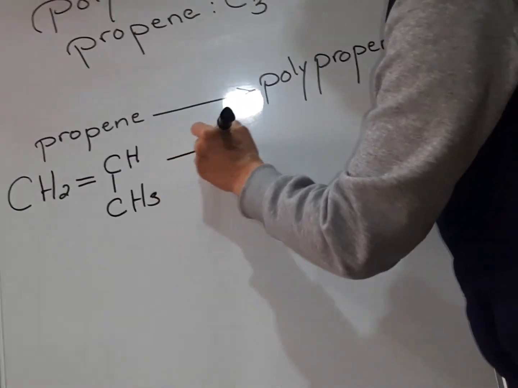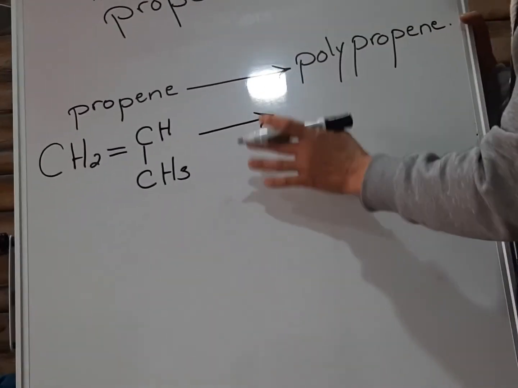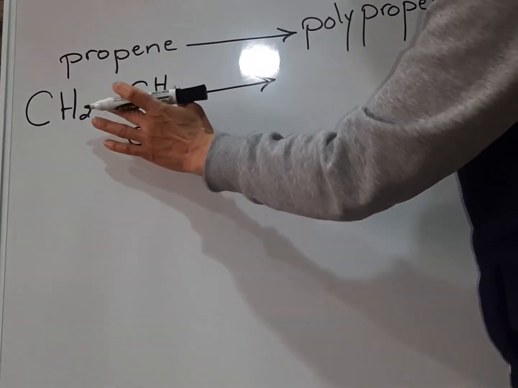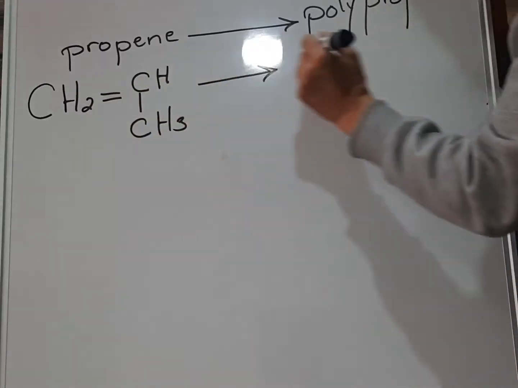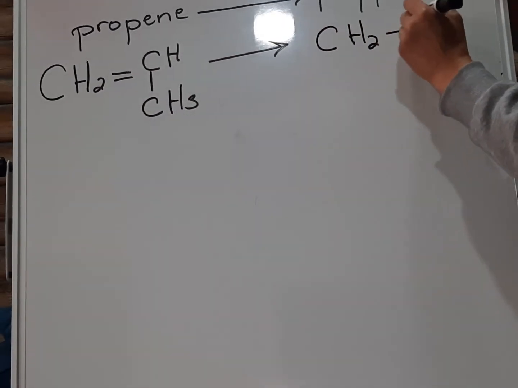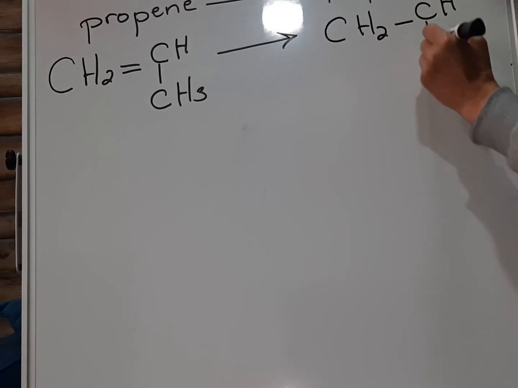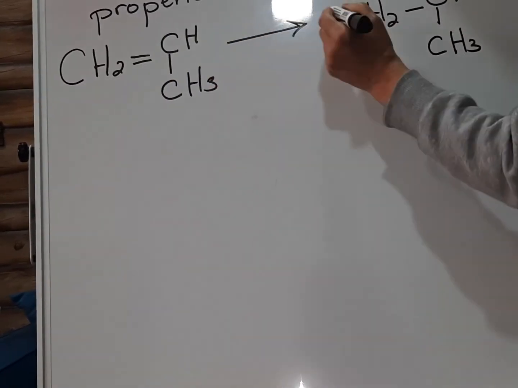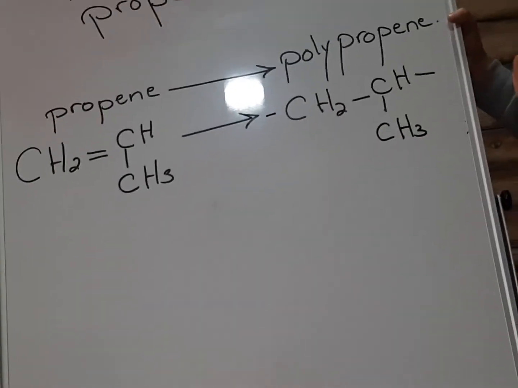The first thing that happens during polymerization reaction is that the double bond breaks into single covalent bonds. So it becomes this way: CH2 bond CH bond CH3. The double bond breaks into single covalent bonds.